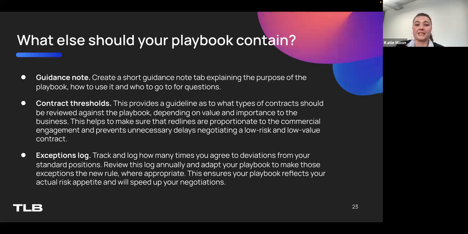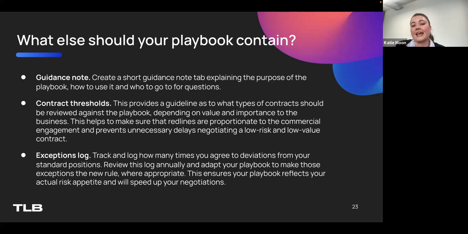And when I say standard positions, I mean both your default positions and the fallbacks that are already pre-approved. So if you're always going beyond what you can just automatically accept as your fallback, clearly your fallback isn't quite working, and you need to reassess that with your internal business teams and see if your risk appetite is actually a bit higher than what your playbook might lead on.